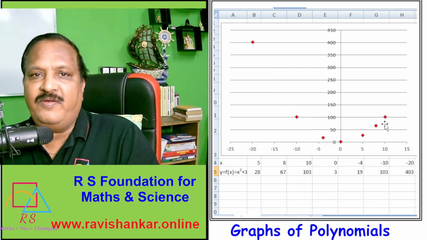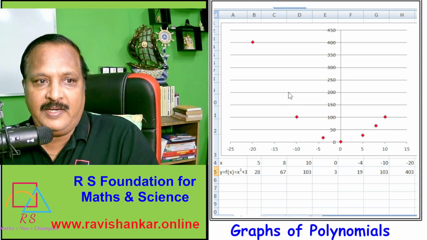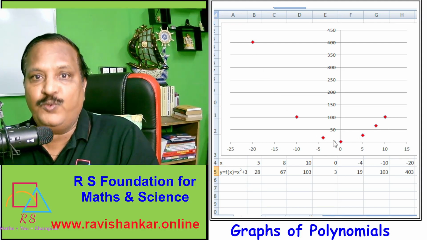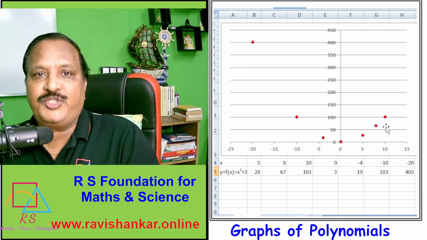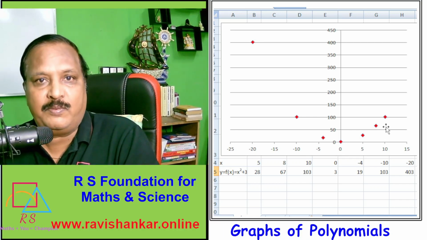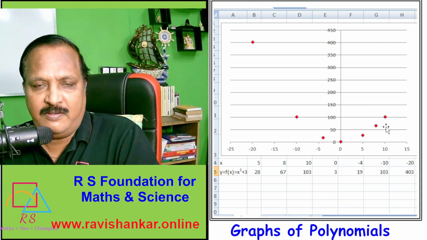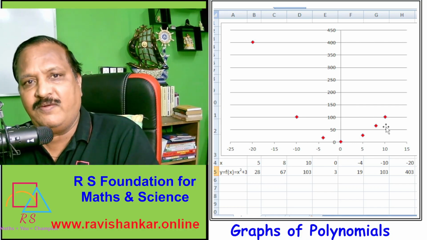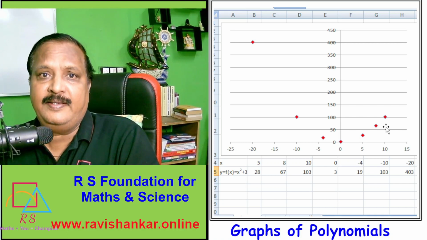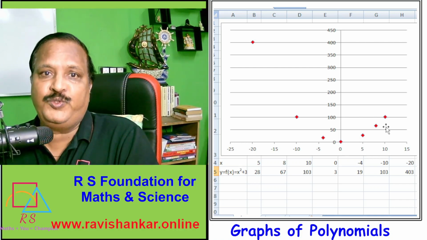For every quadratic polynomial, you will have a U-shaped graph. This U-shaped graph is also known as a parabola.